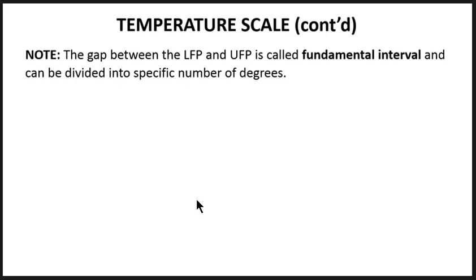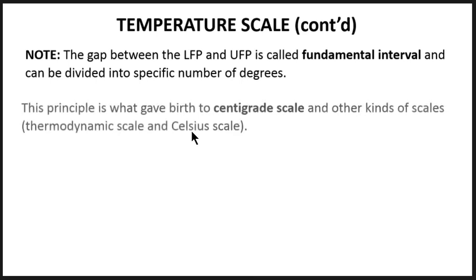Then I need to say again that it is based on this principle that we have different kinds of scales. Knowing full well that the lower fixed point for some thermometers may not be the same for other thermometers, but most generally the lower fixed point is usually taken as 0 degrees and the upper fixed point is usually taken as 100 degrees for a particular kind of scale, and that scale is actually called the centigrade scale.